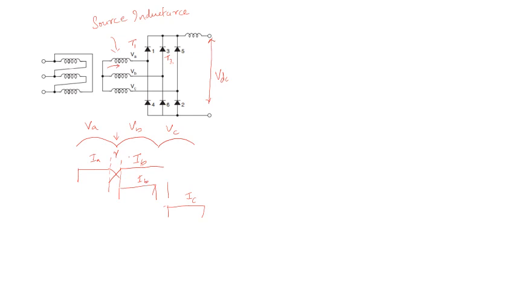So due to this, the overall DC voltage gets decreased because two of the sources operate at this instant. So I can say that the resultant, VA plus VB by 2, operates here. Okay, so output voltage decreases.